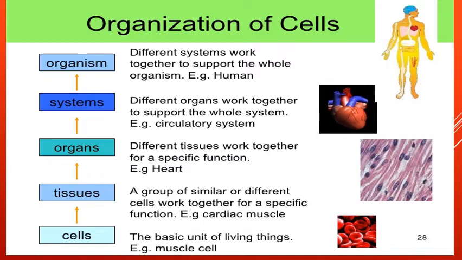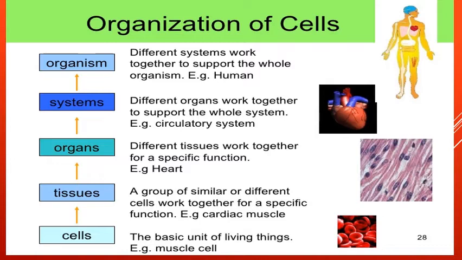Then they will form the organ system. Over here in this example, the heart along with the blood vessels, blood and everything will form the circulatory system. And then this circulatory system, along with many other systems like the digestive system, excretory system, and many other systems in our body, will form one whole organism. For example, the human being.